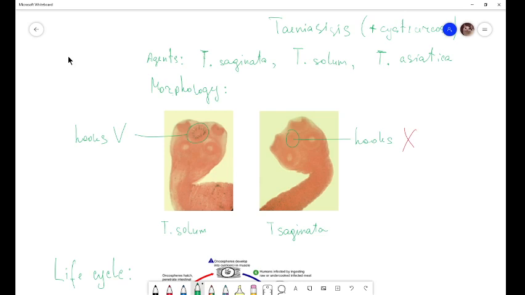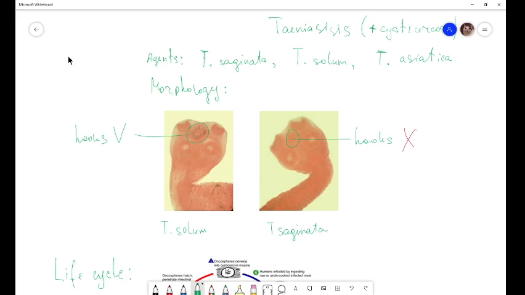And you must know, it is very important for laboratory diagnosis, what is the difference between Taenia solium and Taenia saginata, because you meet these parasites in more cases of this parasitosis.